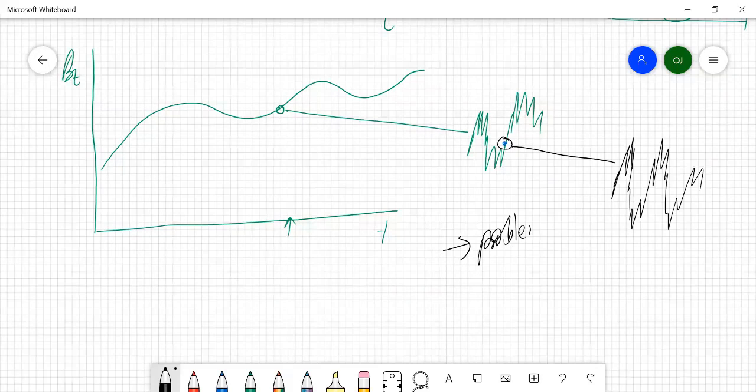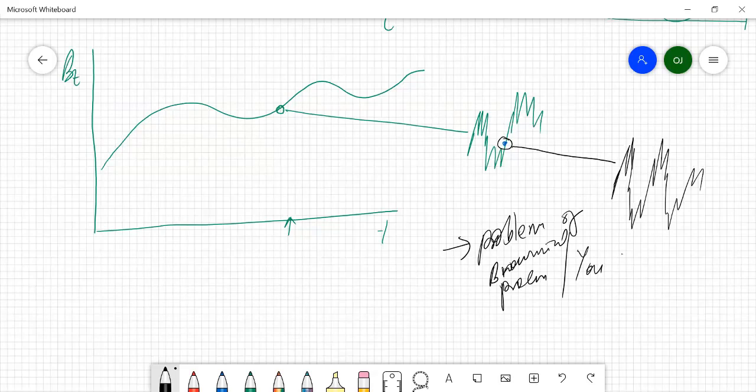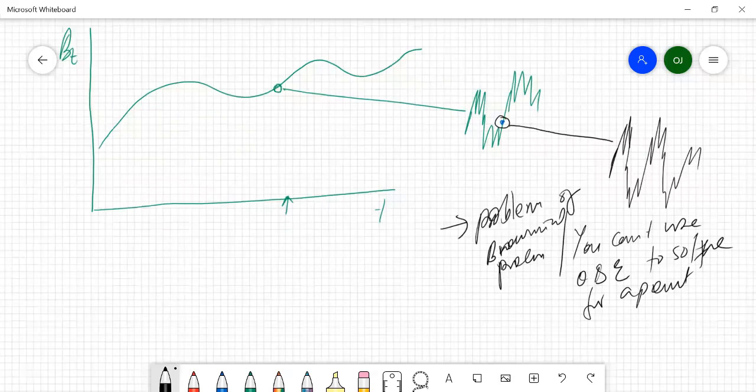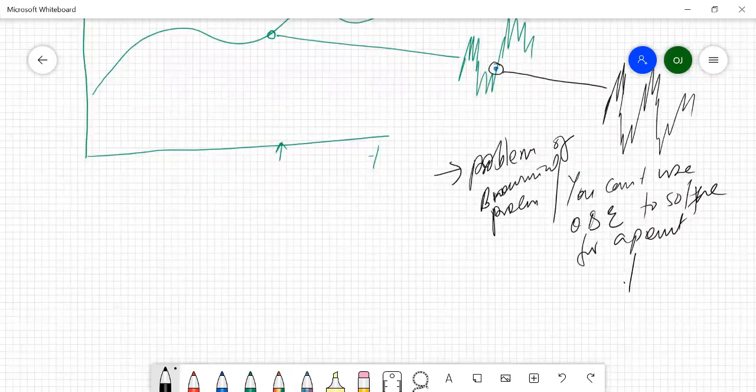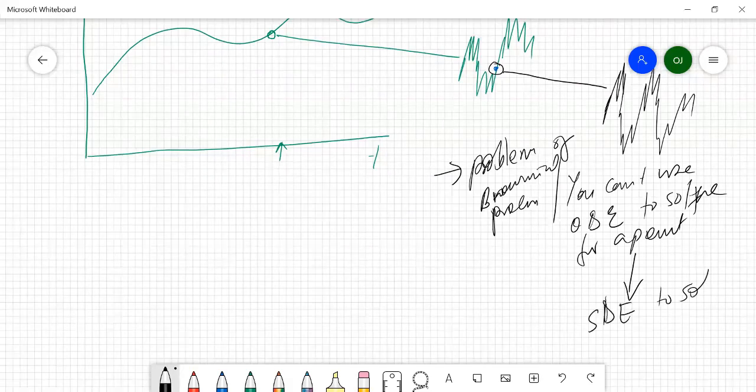That is the problem of the Brownian process: you can't use ordinary differential equations to solve for a point. And therefore, you need to use what's known as stochastic differential equations to solve. You've heard of stochastic differential equations, something like this?